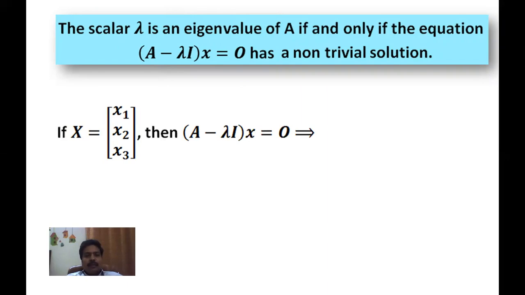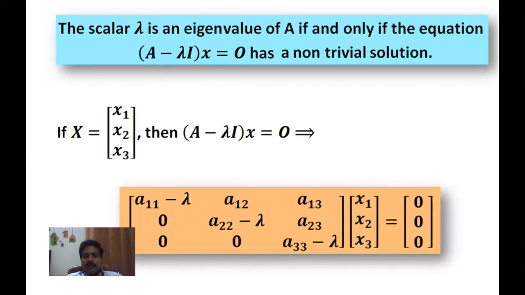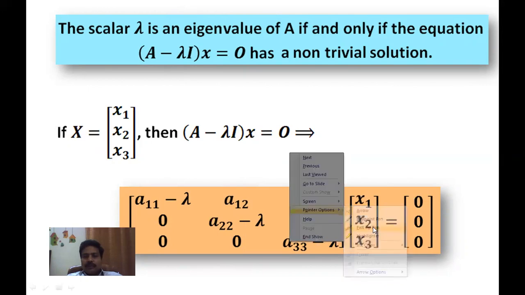If x is equal to (x1, x2, x3), then (A minus lambda I) x equal to O implies, this can be written in matrix form. Here this should be small x, I will correct it.